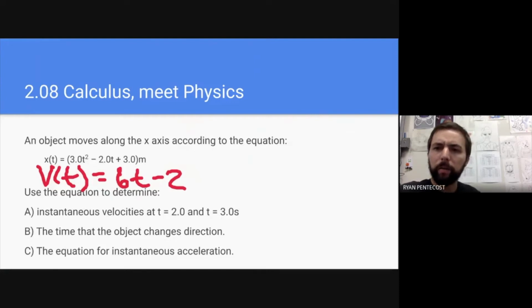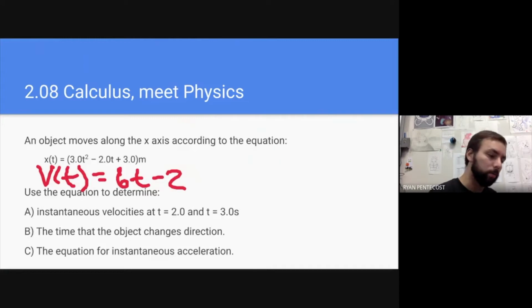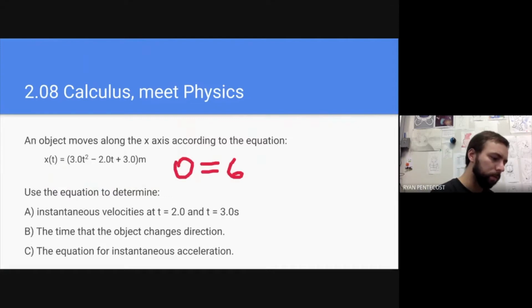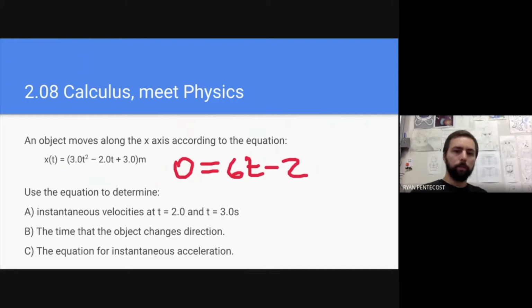Where do we do that, or how do we do that if we just have a velocity function? Well, if we want velocity to be 0, let's make it 0. So we will say 0 equals 6t minus 2, right? Solve for time, we need to know the time at which the velocity is 0.